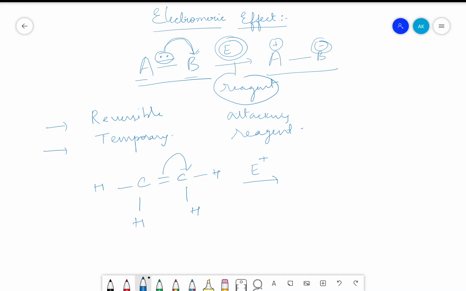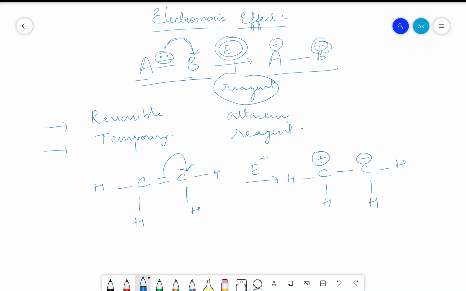Now we will write it as a single bond with two carbons, and two hydrogens are as it is. The carbon here, because the pi electrons are moving here, will have a negative charge, and the other carbon is having a positive charge.